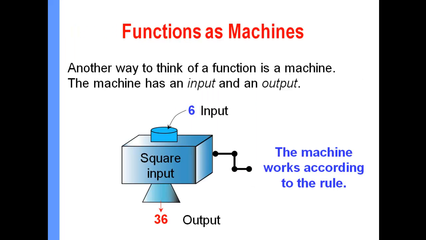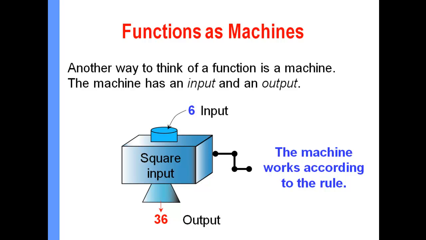So sometimes we depict functions as machines. We provide an input to go into the machine, and then something happens in the machine, and then the machine spits out an output. So here, this is the square the input machine.